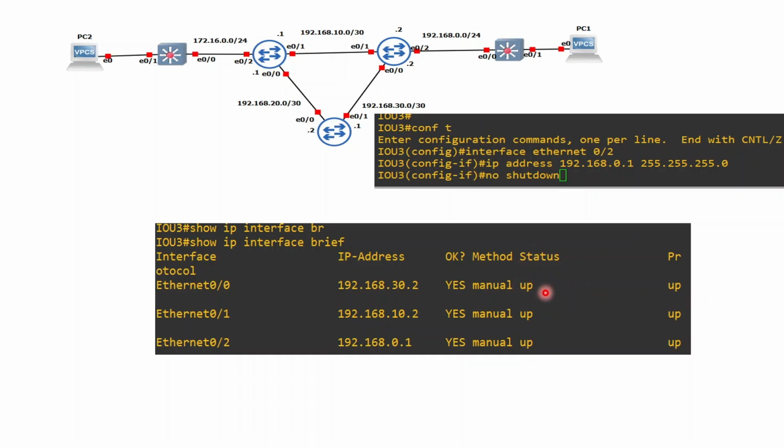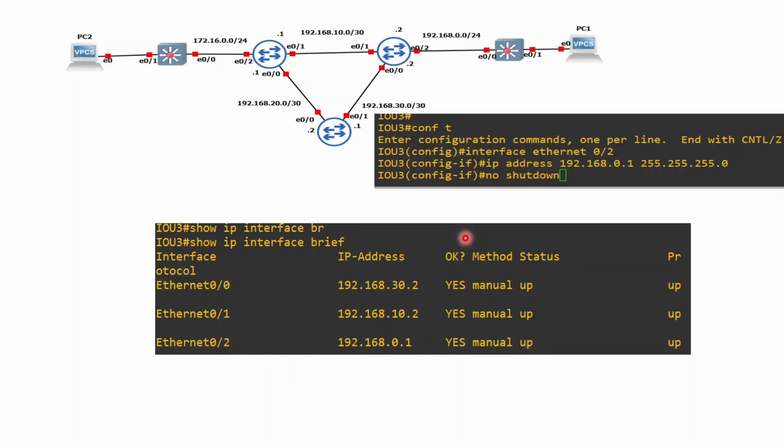Status belongs to layer 1 of the OSI model, and the protocol belongs to layer 2 of the OSI model. And so on, in Ethernet 0/1, which was this one, it was assigned an IP address, the method used was manual, and it is up. Also, finally, Ethernet 0/2 was assigned an IP address, and finally it is up.